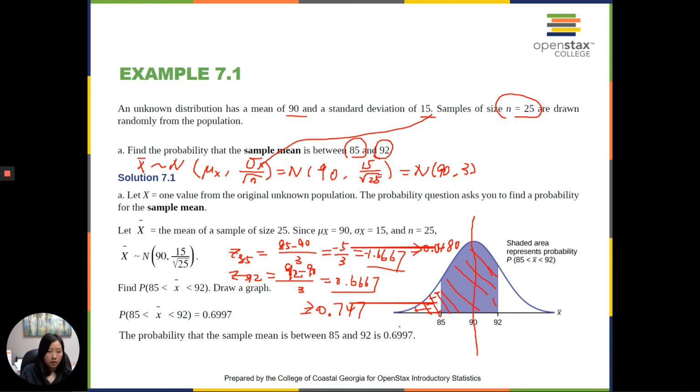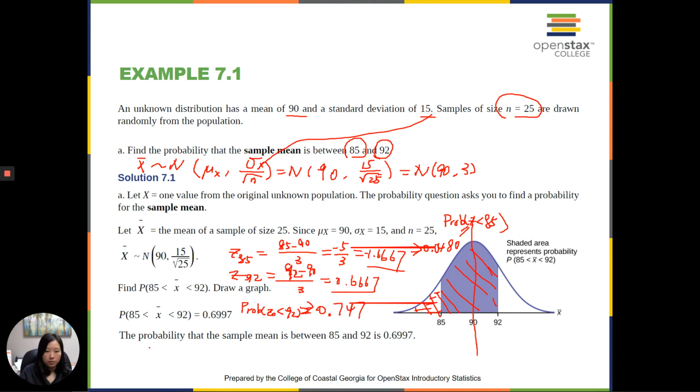So the probability of Z less than 92 is equal to 0.747. This one, the probability of Z less than 85, is equal to 0.048.